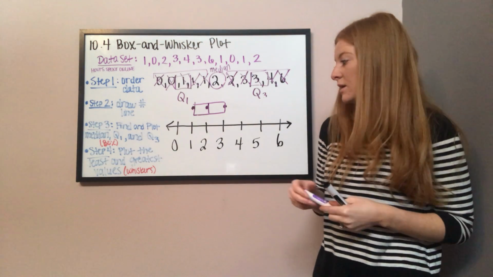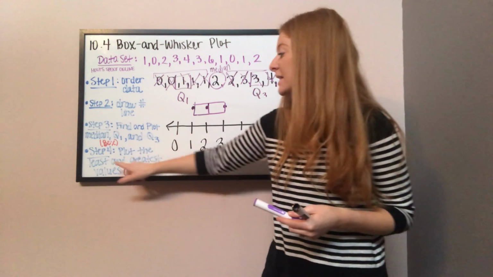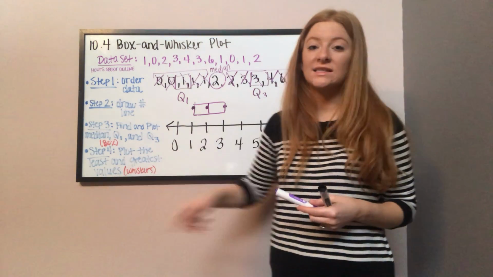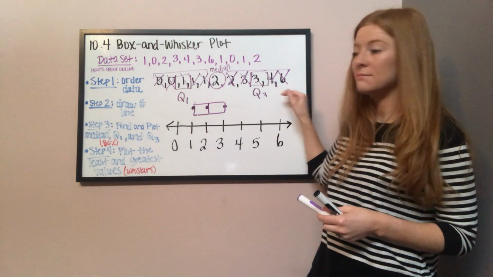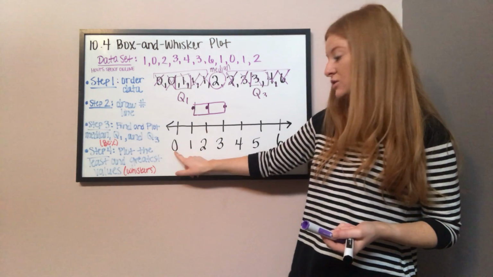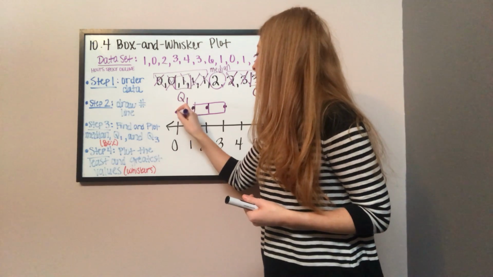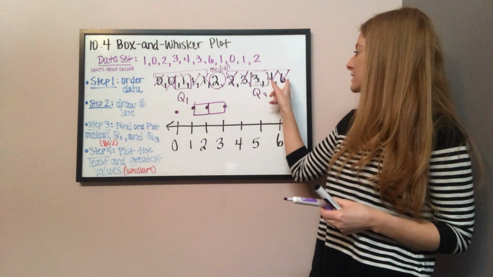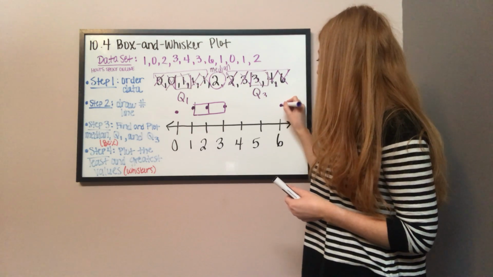All right? Then the last piece, this is super simple. You're going to plot the least and greatest values. So again, I'm looking at my whole data set. My lowest value is 0, where I started my number line, so I'm going to plot on 0. And my greatest value is 6, so I'm going to plot on 6.